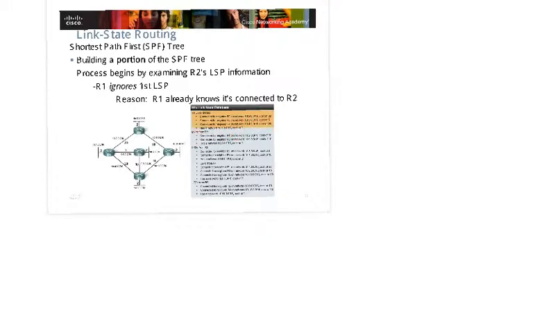I will go through each one, and router 1 here ignores the first link state information, which contains information about this link. The reason is that router 1 already knows its directly connected link. Router 1 already has this link as a directly connected link, so it already knows about it. In which case, router 1 will ignore this link state information.